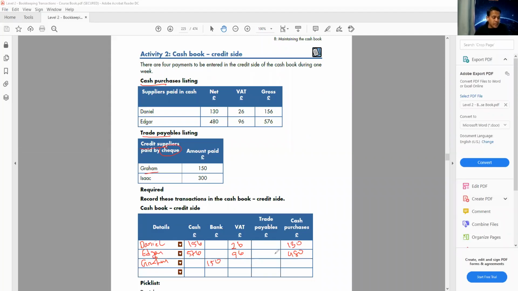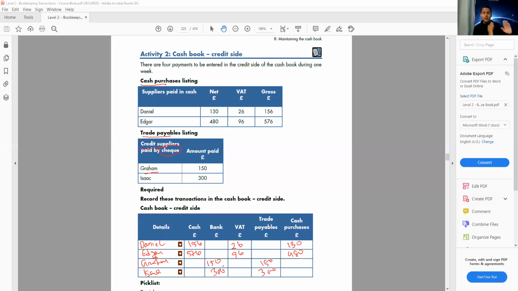Am I going to split the VAT for that? No, I'm not going to split the VAT. No VAT. And all the 150 I paid will go to the supplier. Then I have Isaac. I paid £300 by check from the bank, and this is also trade payable, no VAT. That's it. So that's how we can prepare that.